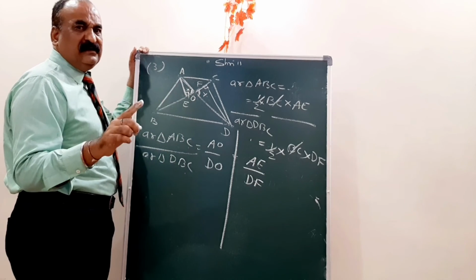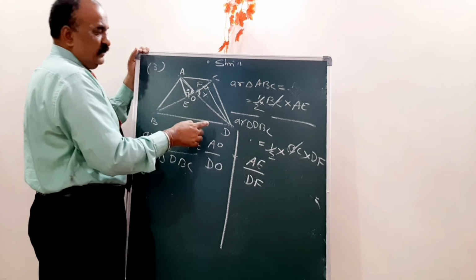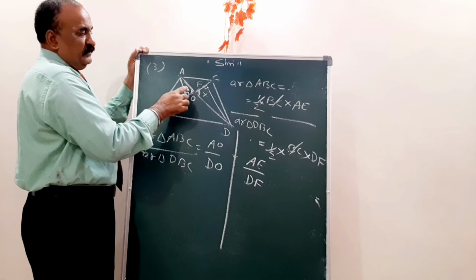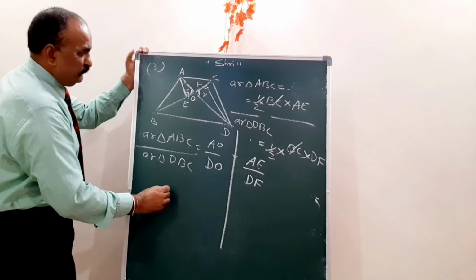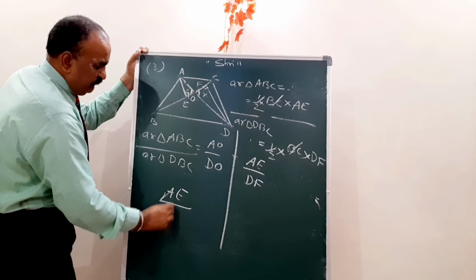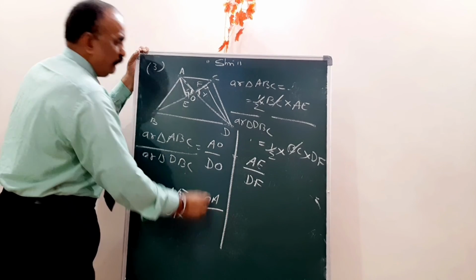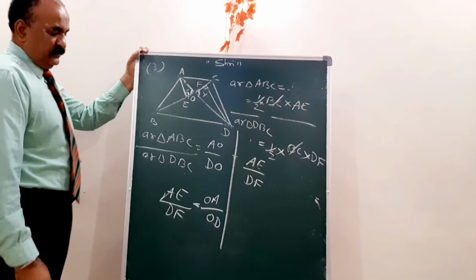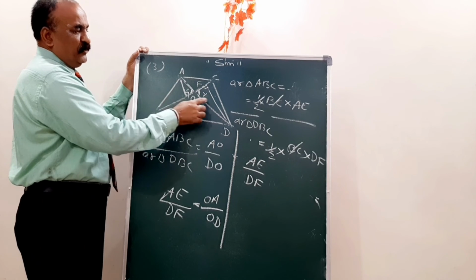Similar means sides are in proportion, and you got here already AE upon DF. So you can write AE upon DF is equal to OA upon OD.